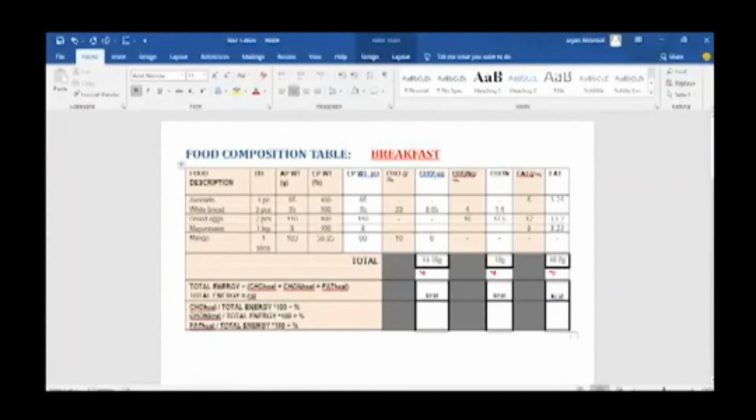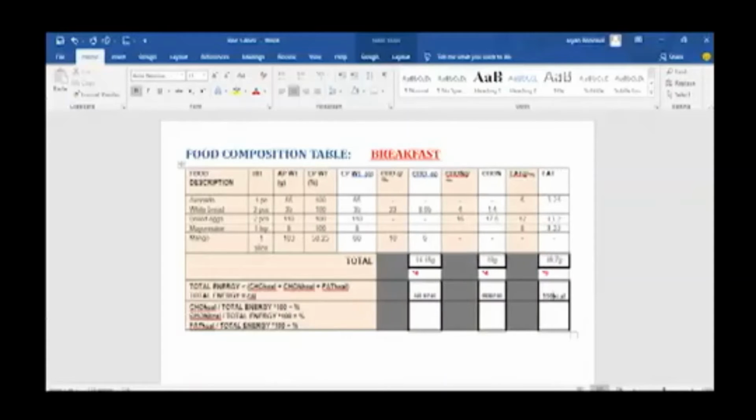For carbohydrates, we multiply it by 4. So 14.15 times 4 is 60 kilocalories. Then 19 grams times 4 is equal to 80 kilocalories. Then lastly, we have 16.7 times 9, which is 150 kilocalories. So when we add that all together, it will become 290.